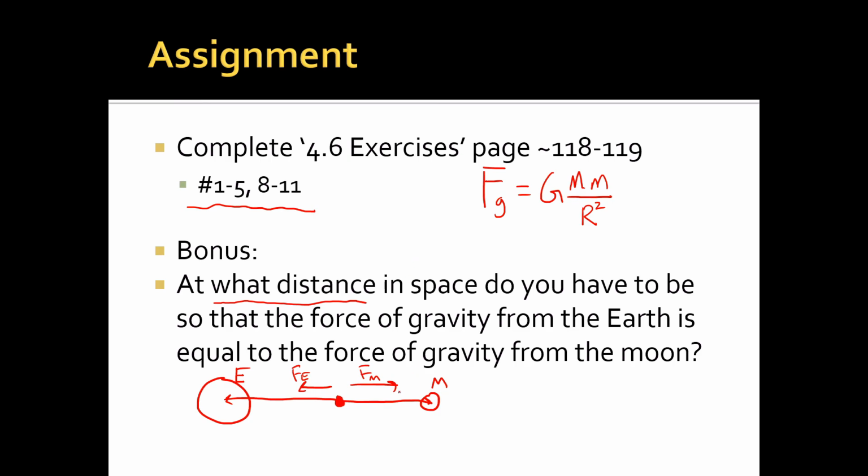Fun fact: this is called a Lagrange point, and they are really interesting locations in the solar system, because those are the places where the gravitational pull from two objects is the same.